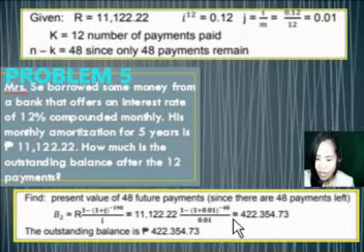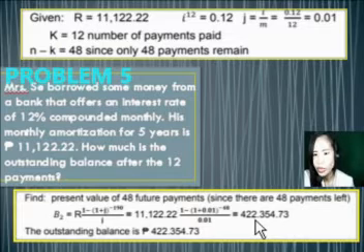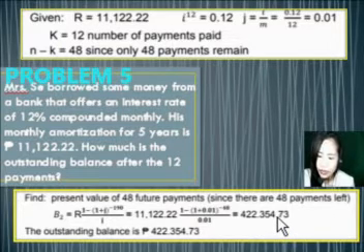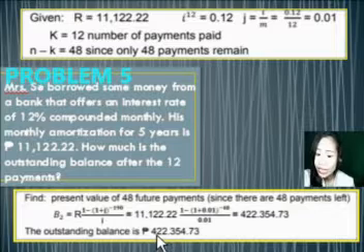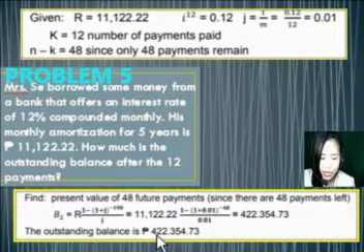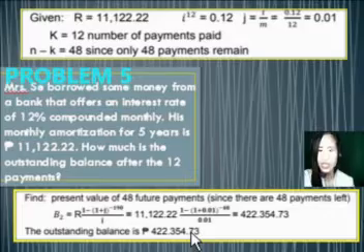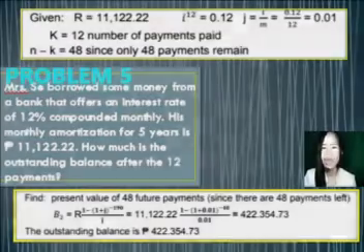So that is 422,354 pesos and 73 centavos. So the outstanding balance is 422,354 pesos and 73 centavos. So that ends our lesson.